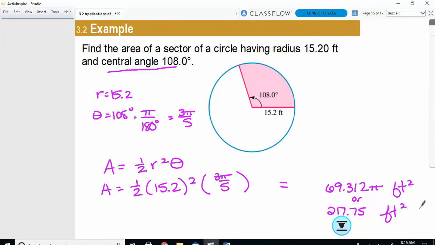Area is always square units, so that would be square feet. So far, so good?